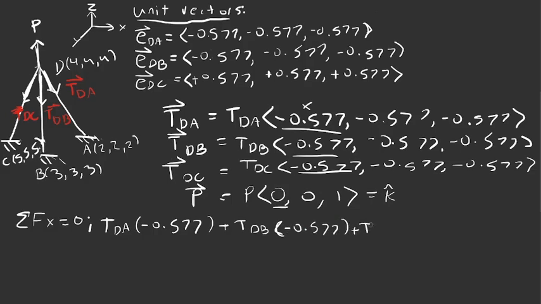And we're going to add all of these together. And then we could say plus P, but that's just going to be the magnitude times 0, right? And that's going to equal 0. So I guess we don't even need that. So we're going to set it equal to 0. Actually, you know what, for our purposes, I'm just going to add P. And that's going to be our first equilibrium equation.